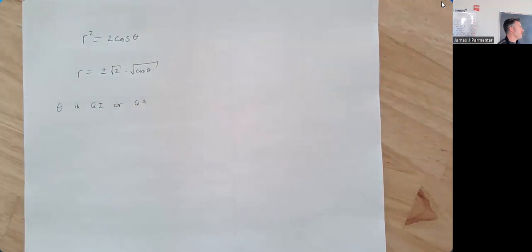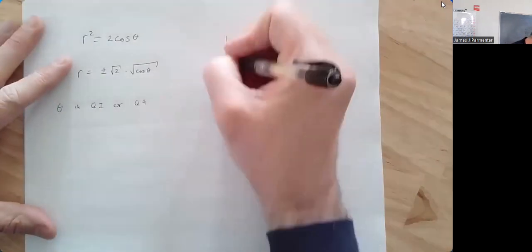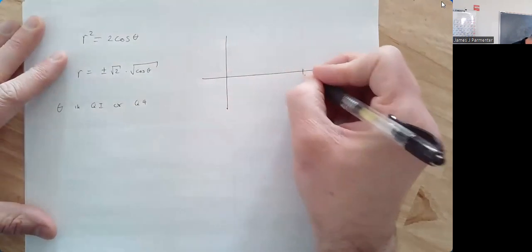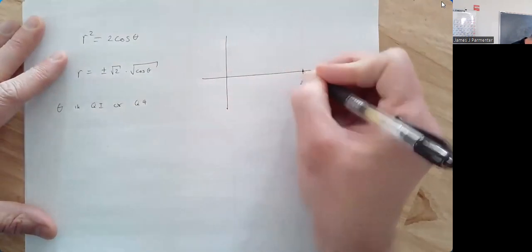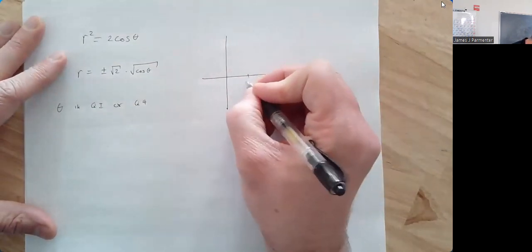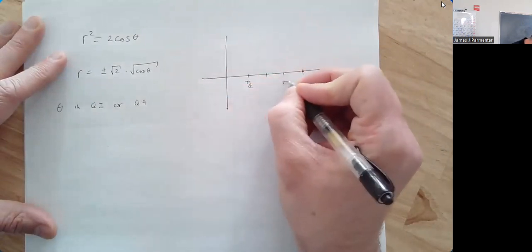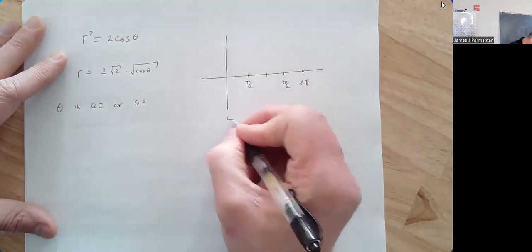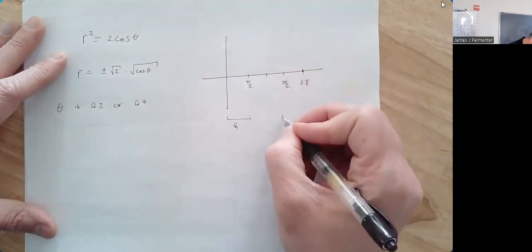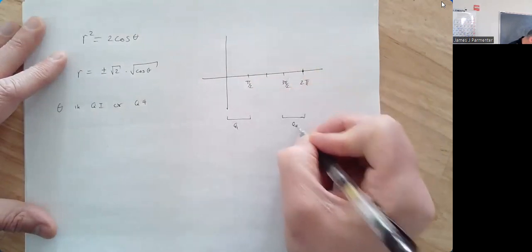Because that's the only place where cosine is positive. Again, you could go 0 to pi over 2, 3 pi over 2 to 2 pi, then you can go 2 pi to the next. You could go further, but if we're just thinking from 0 to 2 pi, then we're really limited to just being in quadrant 1 and over here in quadrant 4.